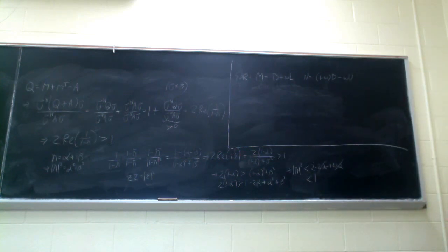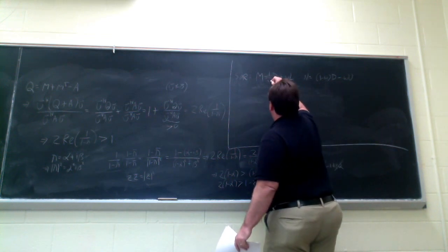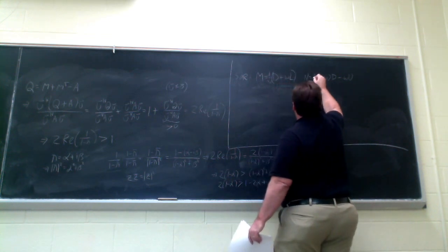Because when I wrote down SOR, I had these matrices, and I also had plus omega b. But to properly define M and N, the iteration has to be written in a way that you don't have omega b, you just have plain b. So in order to identify M and N, you're supposed to divide both sides by omega. So I actually have to divide both of these by omega.